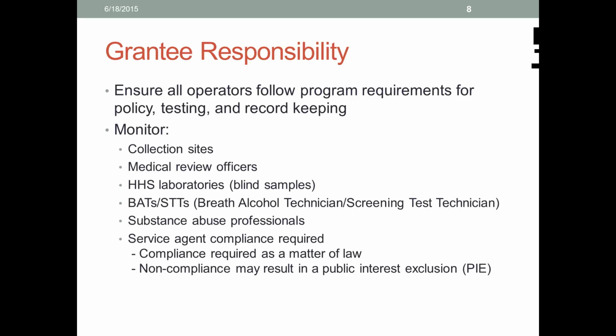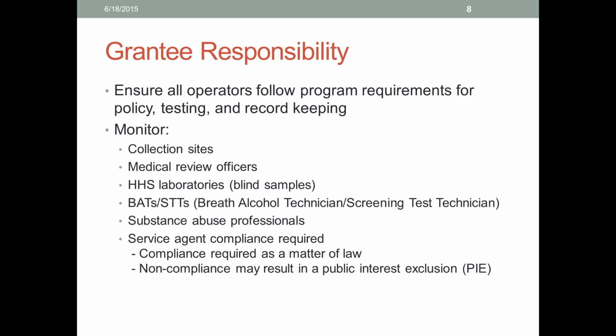In essence, we have the responsibility to monitor the collection sites, the medical review officers, the laboratories who test the samples, the technicians who actually administer the tests themselves, the substance abuse professionals, all of the service agents who are involved in the process. They are required to comply with the FTA drug and alcohol testing requirements.